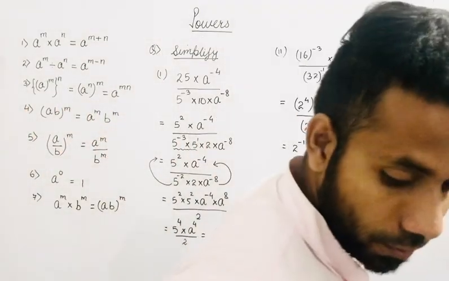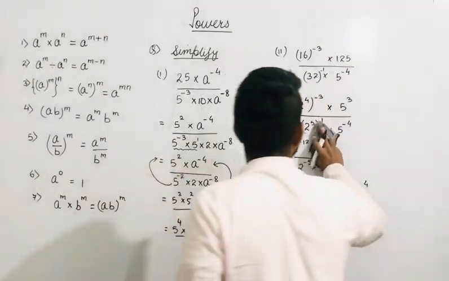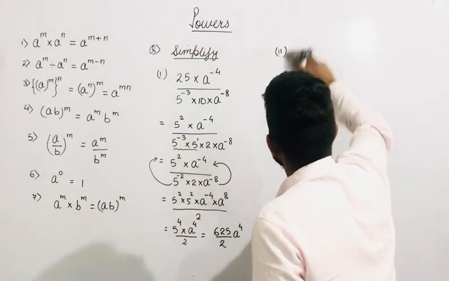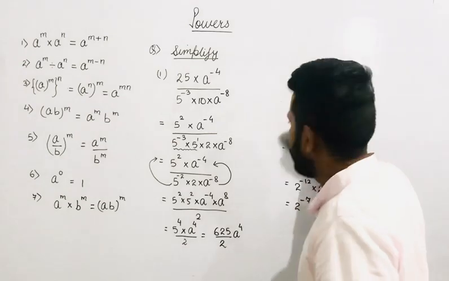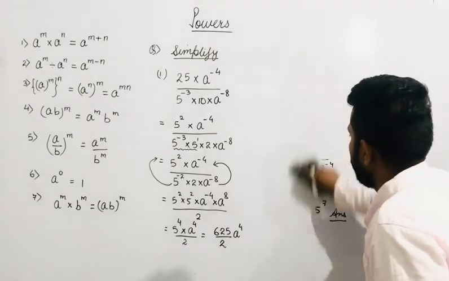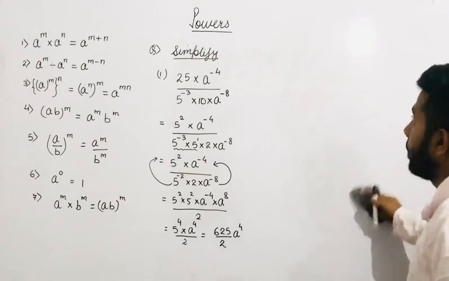Again I will take a question, a bit more complex question, and this will make you understand it more easily. What you need to do is catch up the process, catch up how it is being done.